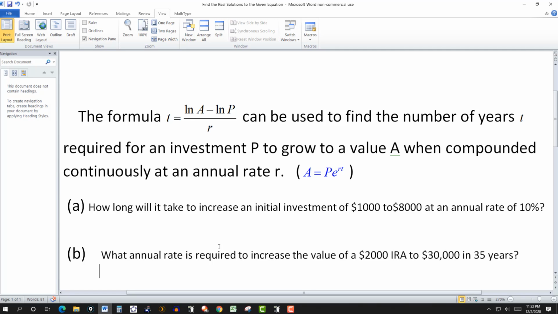We could easily do that by multiplying both sides by R, so this will be R over here, and then dividing both sides by T. So this would be T. So the rate is going to be ln of A minus ln of P divided by 35.